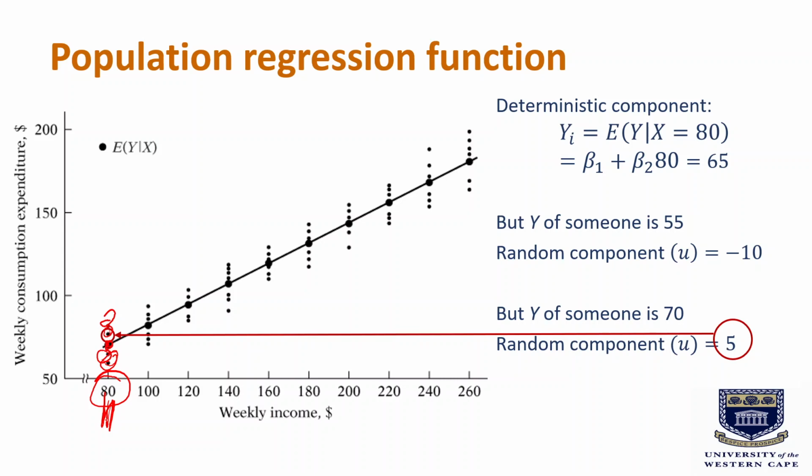Although the predicted value, the expected value of y, given that x equals 80, is 65, we observed in one instance a y value of 55. And if we take 55 minus 65, we get an error term of minus 10.